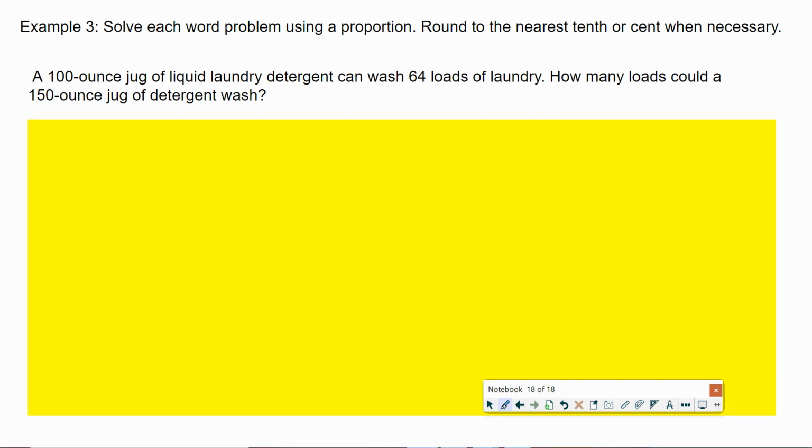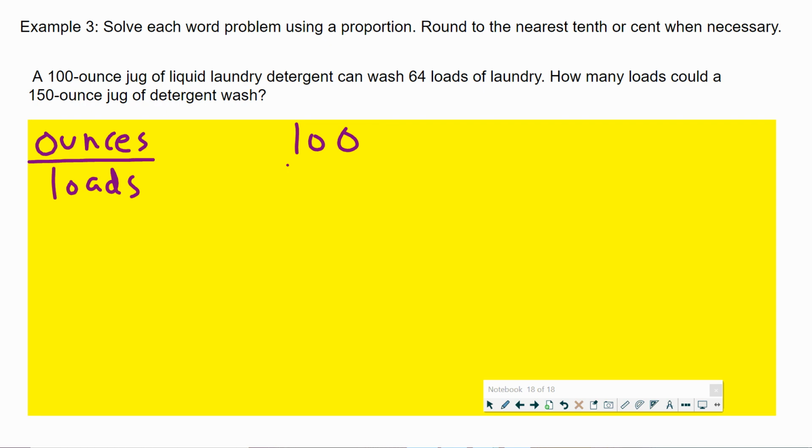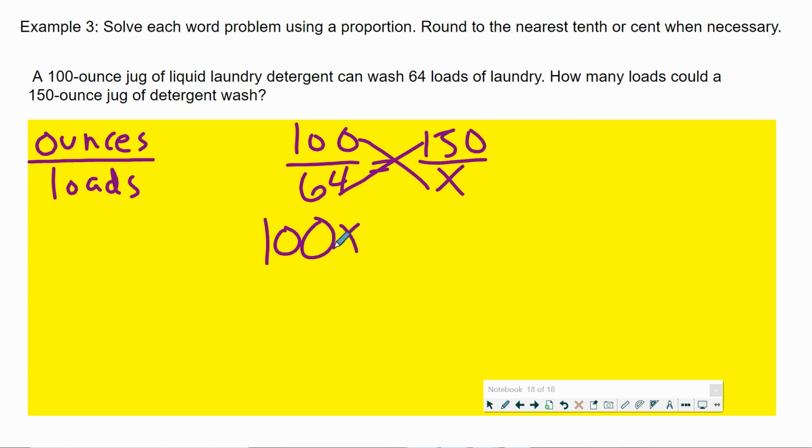Next example. A 100-ounce jug of liquid laundry detergent can wash 64 loads of laundry. How many loads could a 150-ounce jug of detergent wash? So I am comparing ounces inside the jug to loads. So my proportion is going to be 100 over 64 equals 150 over X. Cross multiply, I get 100X equals 9,600.